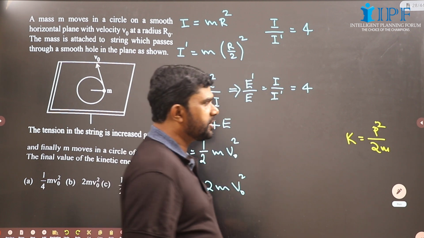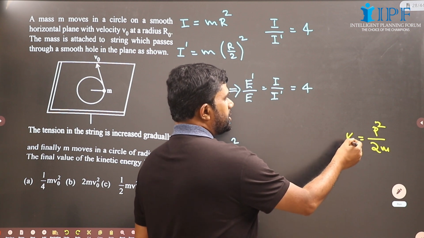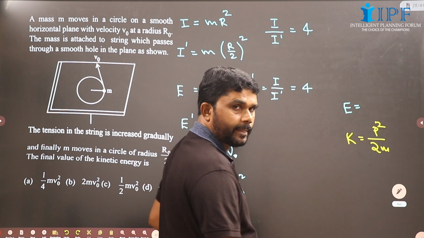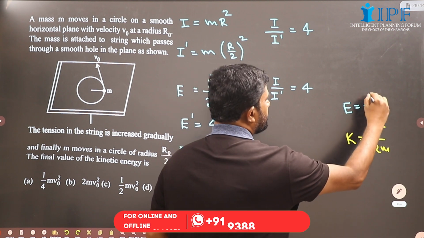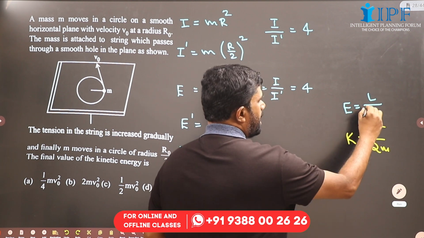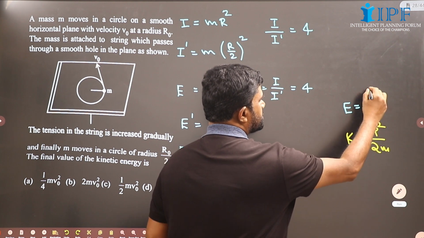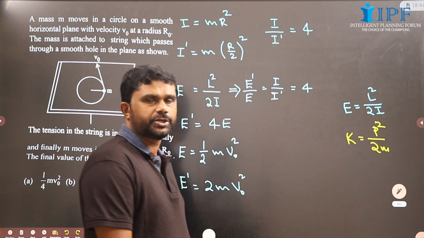Corresponding quantities in rotational motion: corresponding to this translational kinetic energy, we will have rotational kinetic energy E. Corresponding to linear momentum, we will have angular momentum L. Then corresponding to mass, we will have the moment of inertia. So E equals L square divided by 2I.